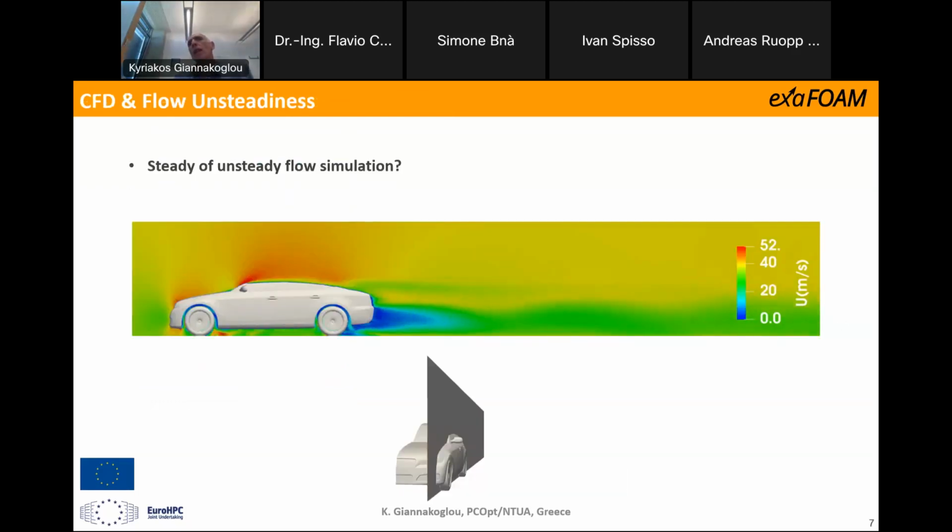What is new in this lecture is flow unsteadiness. There are some cases, such as, for instance, the flow around a typical passenger car, in which we cannot do this study by just using a steady solver. Why? Because there are vortices developed behind the car, and a steady solver cannot converge in such a case.